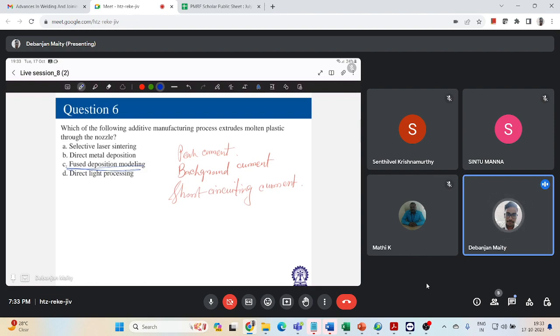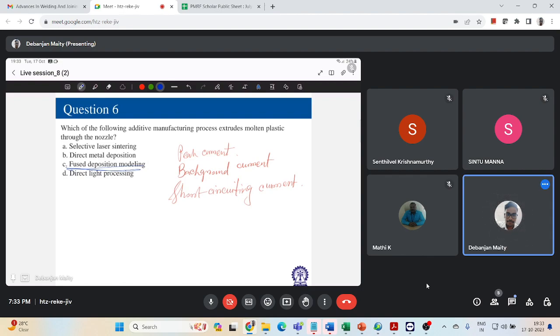FDM builds parts layer by layer, selectively depositing melted material in a predetermined path, as simple as that. And what does it use? It uses thermoplastic polymers that come in filaments to form the final physical objects, right?